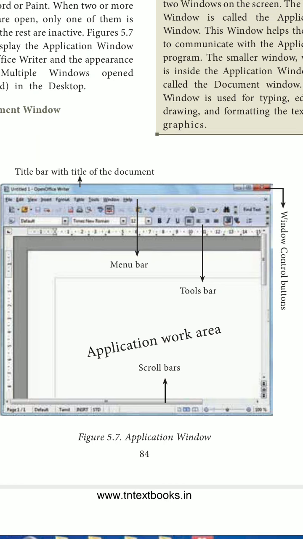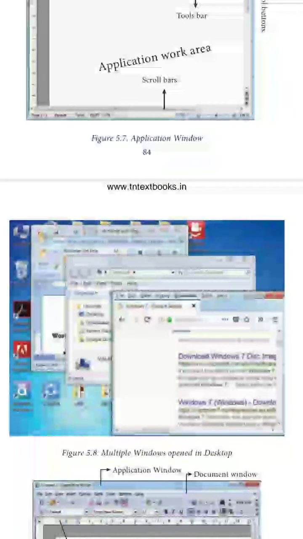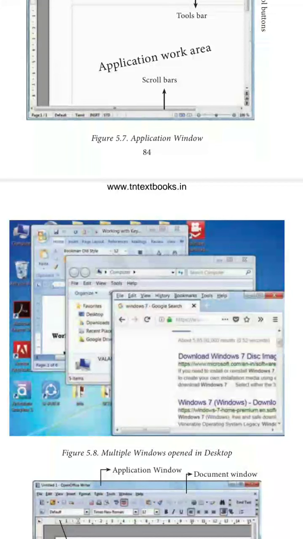So scroll bar is of two types. One is the vertical scroll bar and the other is the horizontal scroll bar. You can overlap the applications like this also. Figure 5.8 shows you the application windows of different applications.